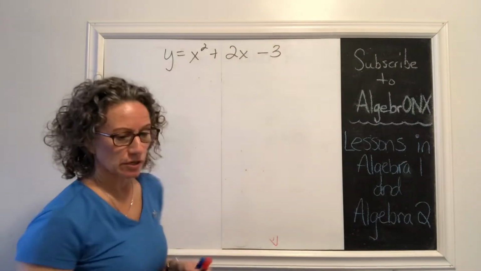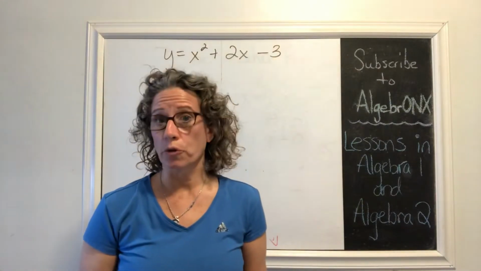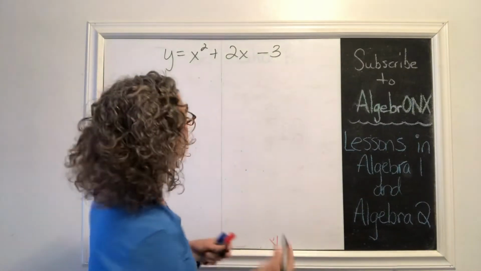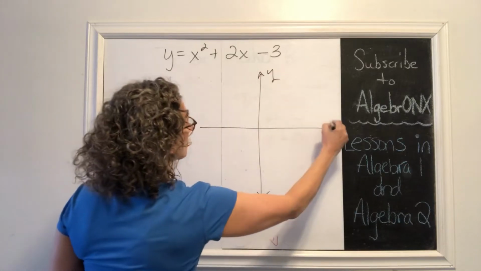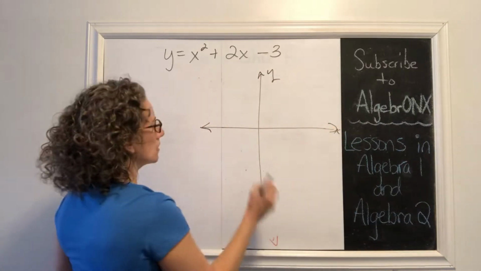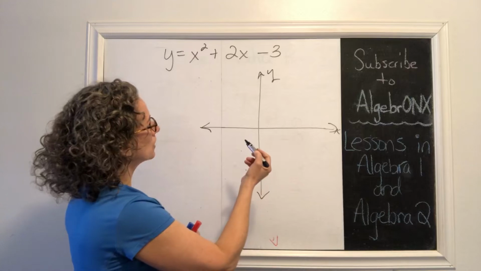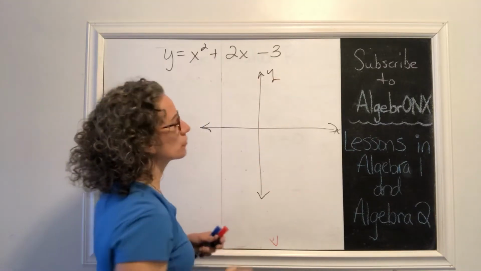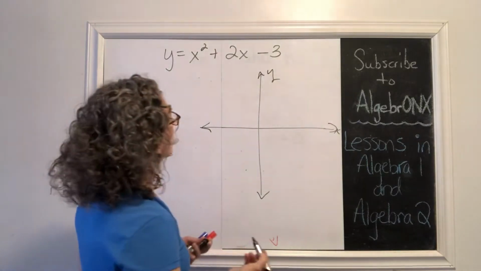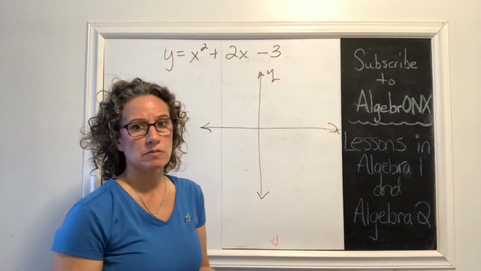And we're going to look at this from a graphing standpoint first, because that's what we've been doing all along. So let's draw our xy axis here. I'm going to first figure out where my vertex is, so let's do that by finding the axis of symmetry.